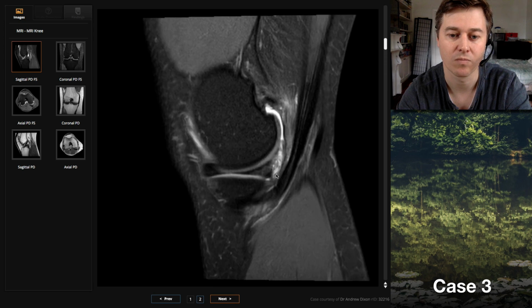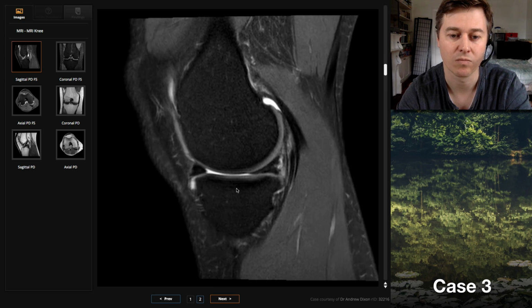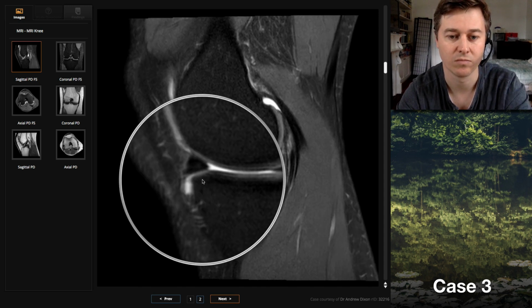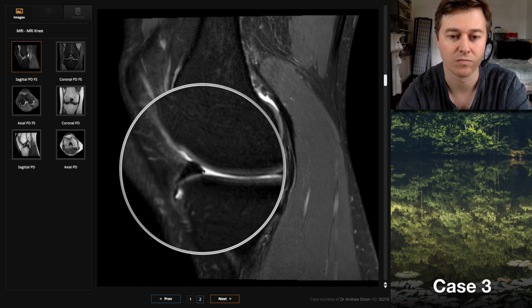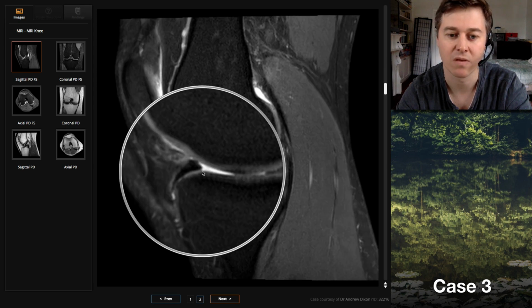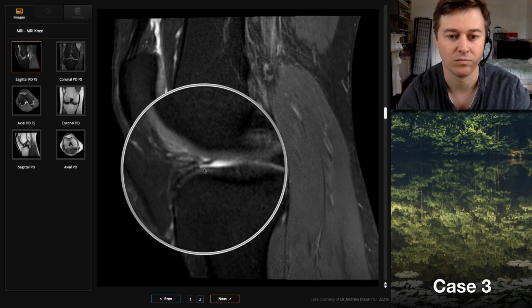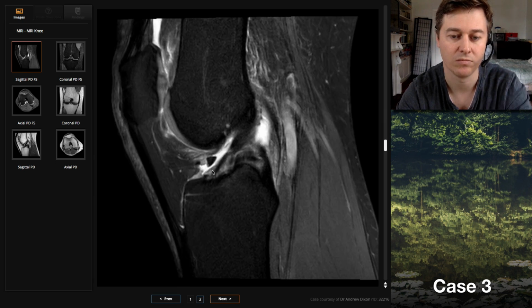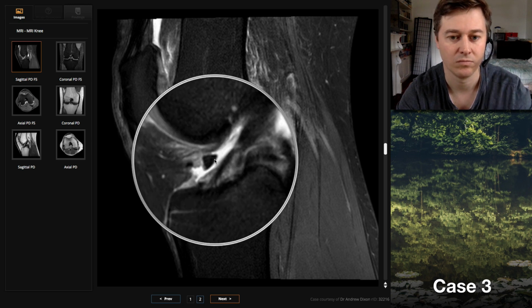And then looking at the anterior horn, it looks quite truncated, missing the nice triangle point. Yep, so the inner free edge is missing, isn't it? And so then as you're scrolling along, I think we can see then this displaced fragment sitting in the intercondylar region.